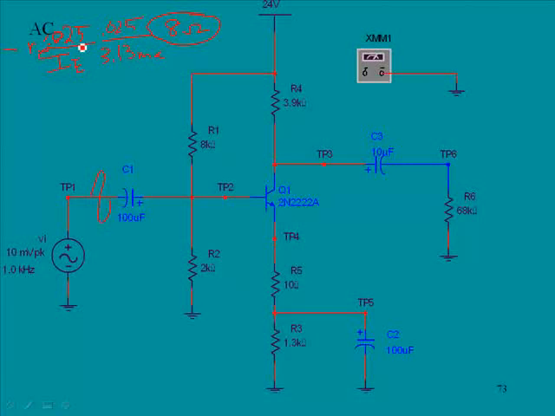Okay, so we've looked at RE prime. The next thing we're going to look at is the AC voltage that will be developed on the collector. Now when that AC voltage is developed, there's going to be a current. This AC signal is going to be dropped across these two components, this 8 ohms and this 10 ohms, and there's going to be a current that is developed in the emitter. That current will go through to the emitter, and it will develop an AC voltage on the collector. Now, the collector also is going to see a resistance.